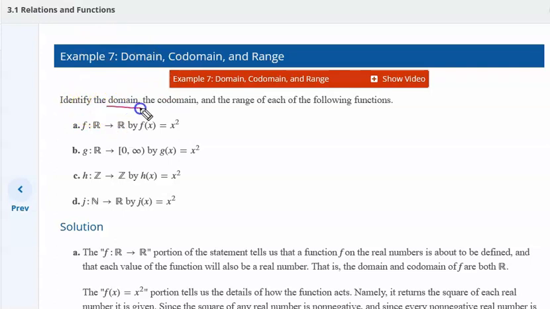Identify the domain, the codomain, and the range of each of the following functions. Looking at item A here, this is a funny kind of R where it's thickened. What does that refer to? Well, this is the real numbers, all the numbers on the number line. Now we have a funny looking Z here.